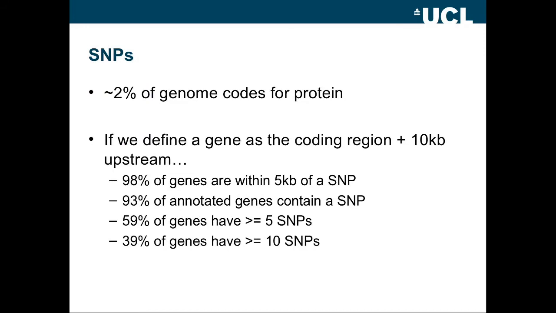Now, as we've discussed before, around about 2% of the genome codes for proteins. So if we define a gene as the coding region plus 10 kilobases upstream, because we often get control regions upstream of the coding region, then at least 98% of genes are within 5 kilobases of a SNP. 93% of annotated genes contain a SNP. 59% of genes have at least 5 SNPs, and 39% of genes have at least 10 SNPs.